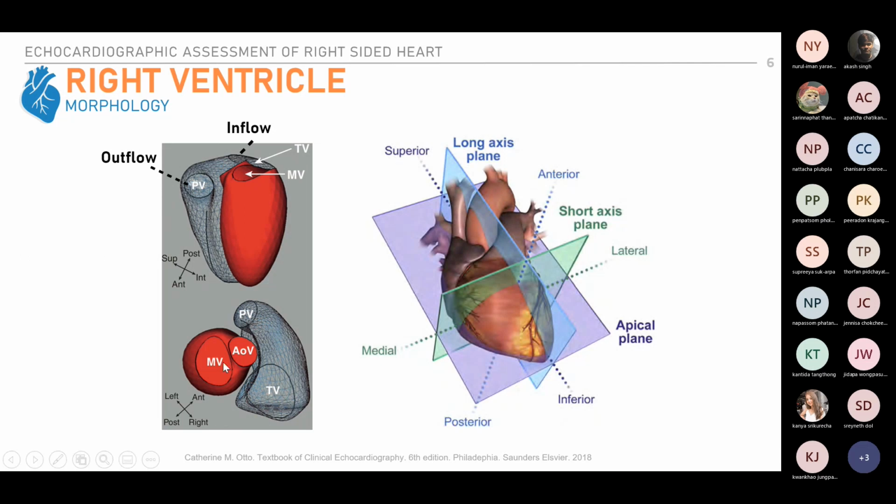And the body of the right ventricle and trabecular myocardium are located anterior to the LV and wrap around the LV.